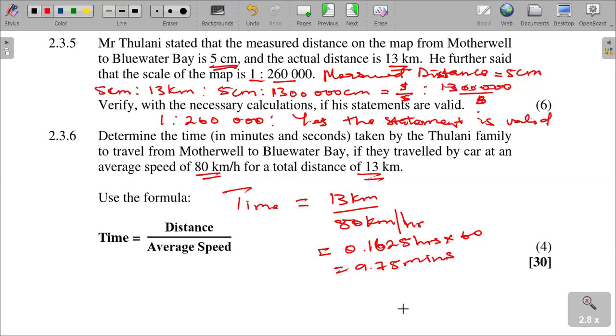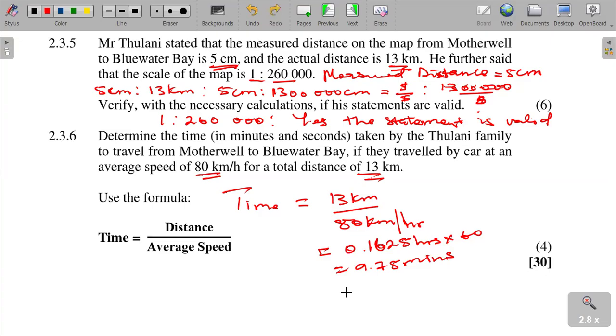Then we take the 0.75 minutes and multiply it by 60 again, which is close to 9 point that one.